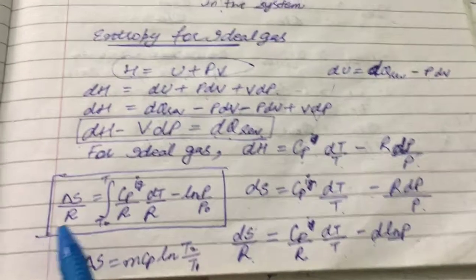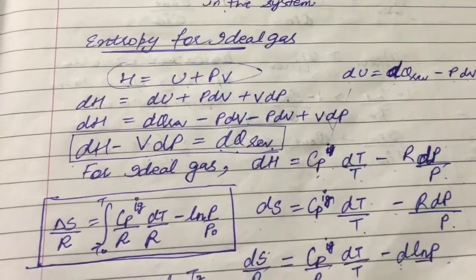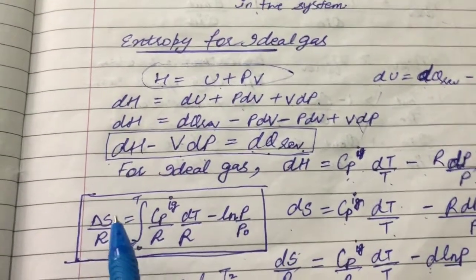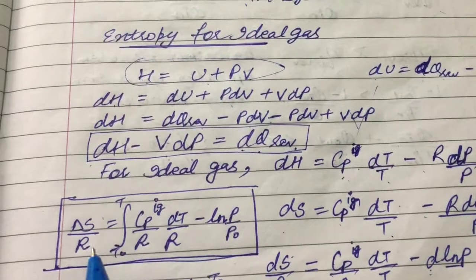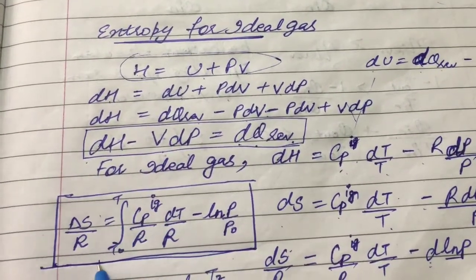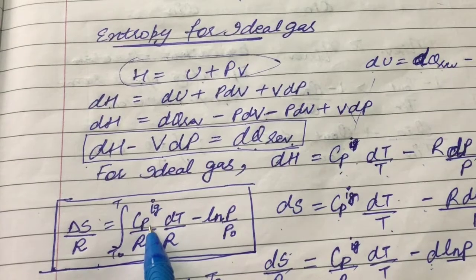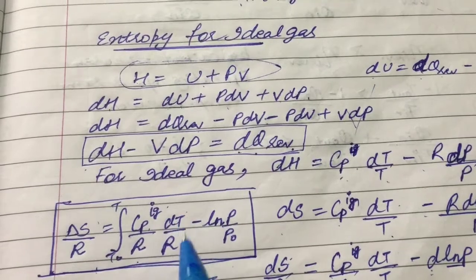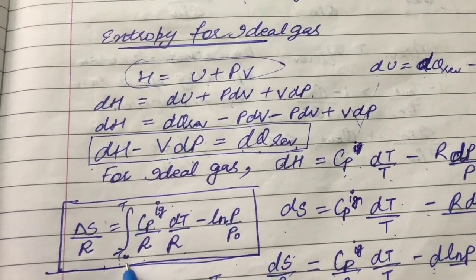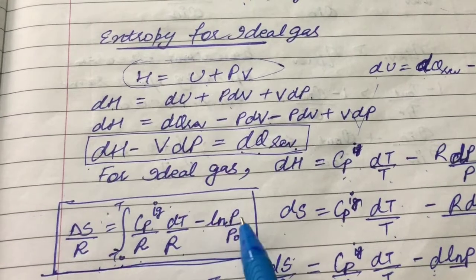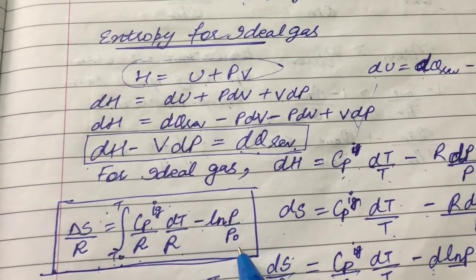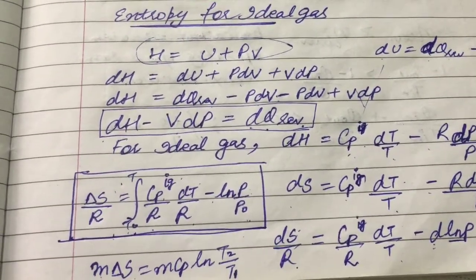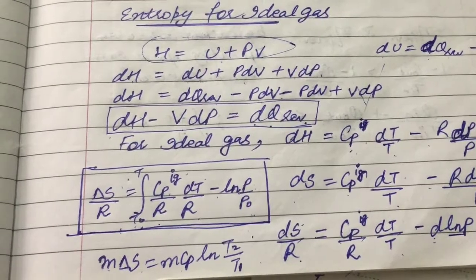So this is the final equation: delta S by R would be equal to the integral of Cp for ideal gas by R into dT, integrated from temperature T0 to T, minus ln of P by P0, final pressure by initial pressure, where m delta S is m Cp ln T2 by T1.